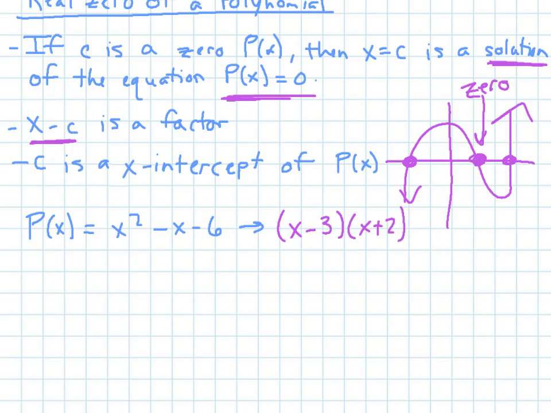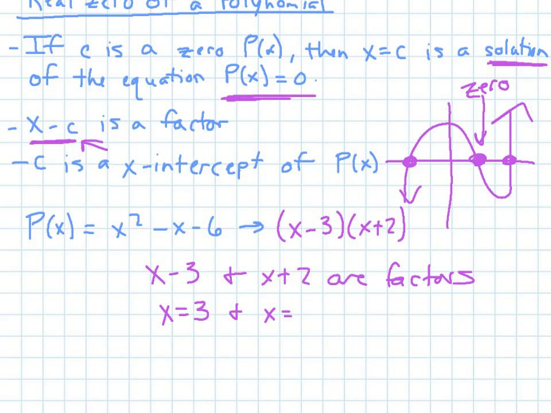So that means that x minus 3 and x plus 2 are factors, because you can write them like the x minus c up here. And also, that means x equals 3 and x equals negative 2 are zeros of this polynomial because they cross the x-axis at those points. Okay?